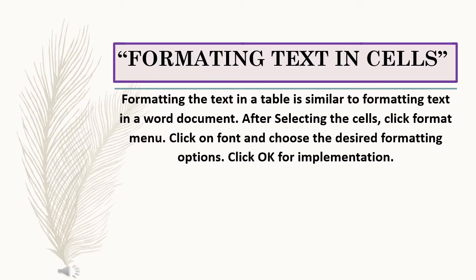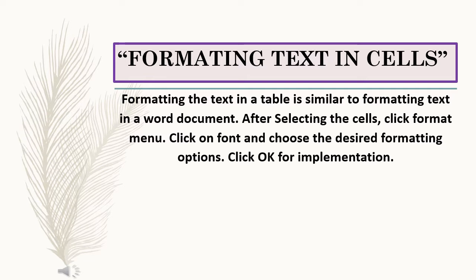Formatting text in cells. Sometimes you may want to use formatting options like bold, italics, underline, font size and font style, etc. on the text in an individual cell, a group of cells or in the whole table. Formatting the text in a table is similar to formatting text in a Word document.